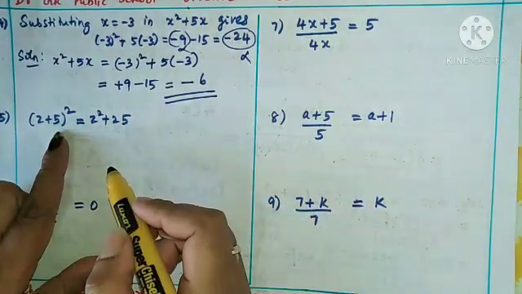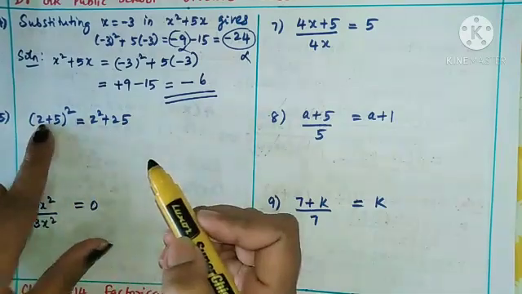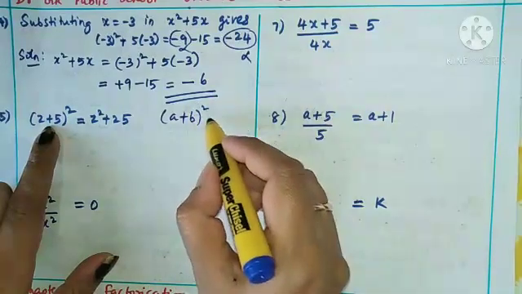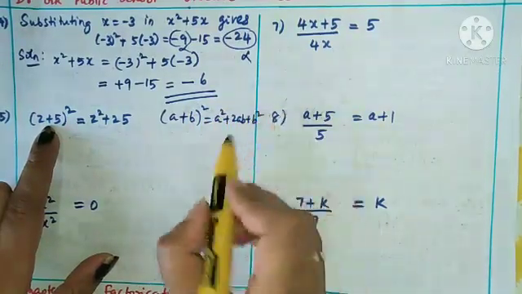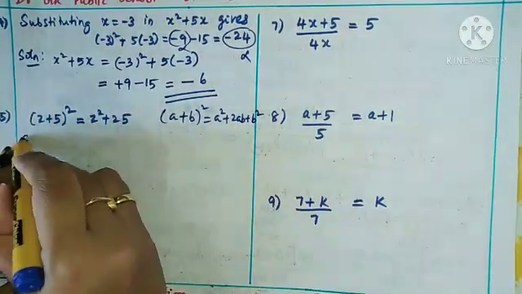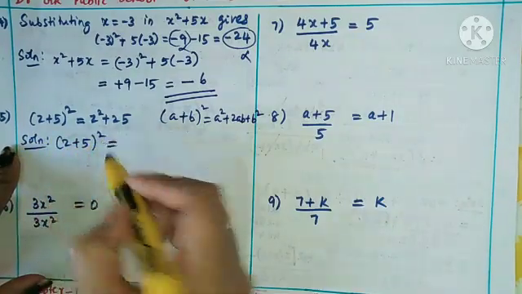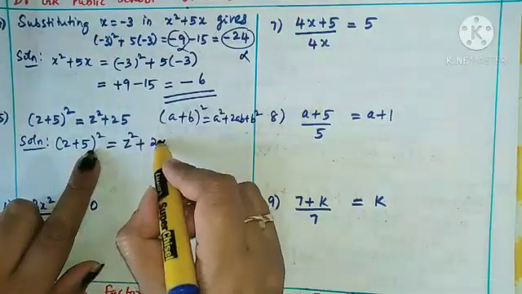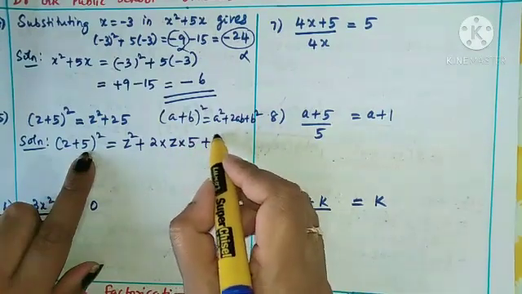(z + 5)² = z² + 25. (z + 5)² you can relate to the formula (a + b)² = a² + 2ab + b². So use this formula here and check whether you are getting this answer. So solution, (z + 5)² is equal to a², that is z², plus 2ab, 2 into z into 5, plus b², 5².